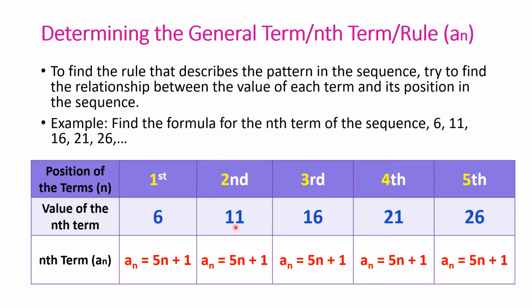Second term, ang value ay 11. Third term, ang value ay 16. Fourth term, ang value ay 21. At ang fifth term ay value ng 26. Now, i-relate natin or i-equate natin si position at saka yung kanyang value. So, yung value natin, palaging nasa kaliwang side ay a sub n.